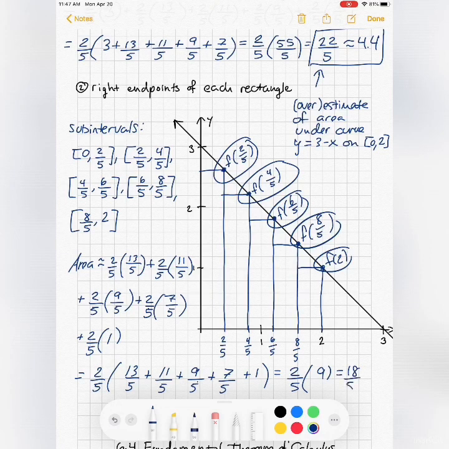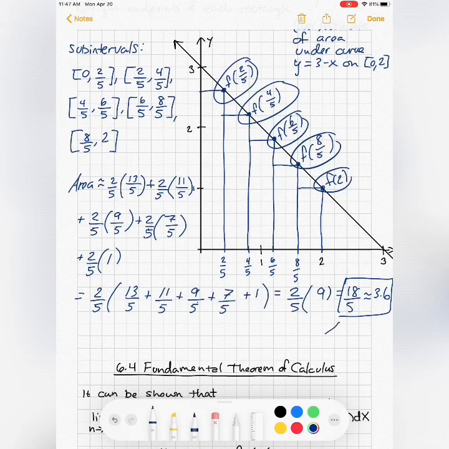So 18/5. Approximately 3.6. So what I have here is then an underestimate of the area under the curve in between 0 and 2. Okay, underestimate.